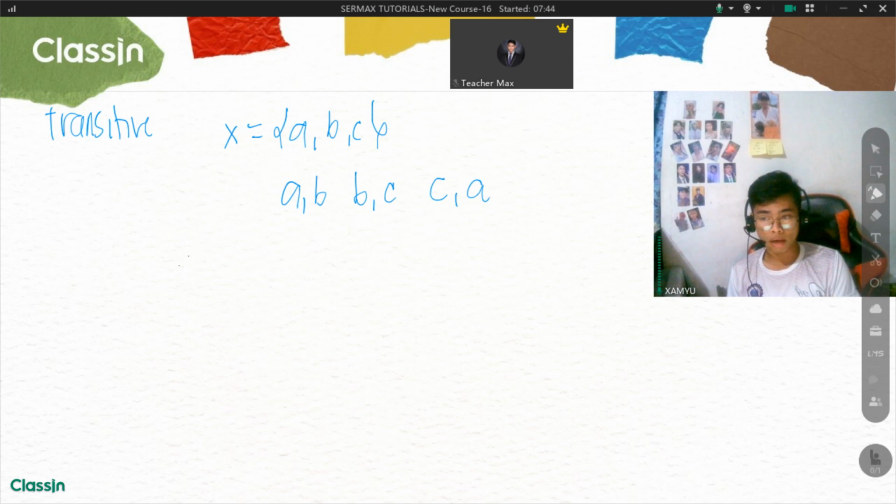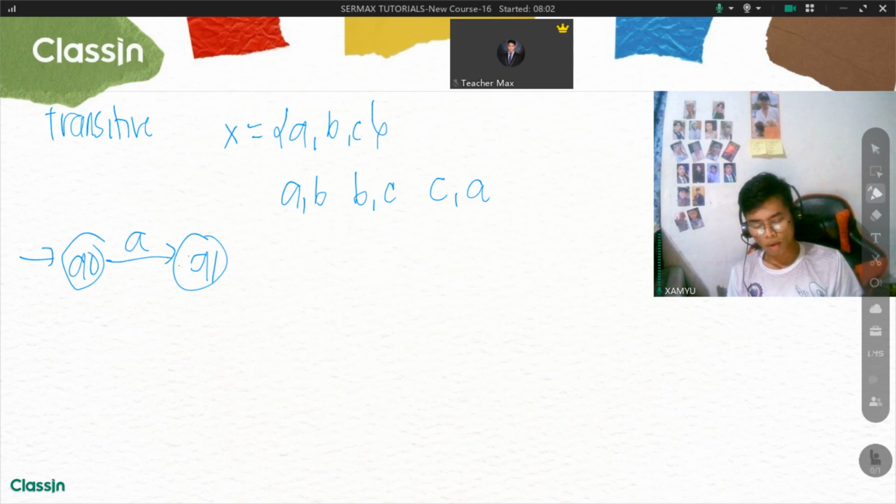So what about in automaton? How can we portray that in our states, for example? Q0 must have a relationship to Q1. They have a relationship in terms of A. And what about for Q2?